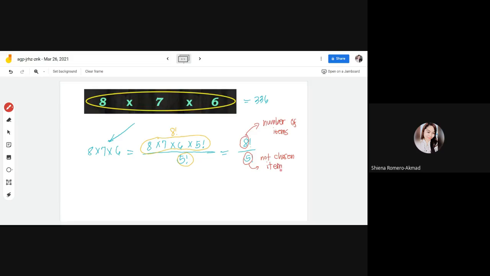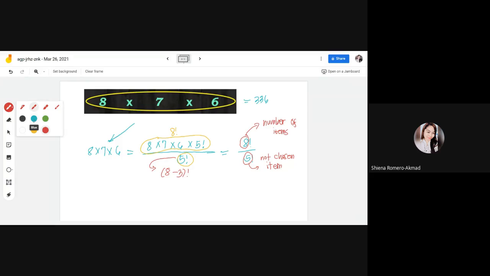Kung 5 yung not chosen, how many were chosen? Ilan? Saan natin nakuha? Tatlo. So, ibig sabihin, si 5 nanggaling siya dun sa 8, pinili natin yung tatlo. Okay? So, that's 8 minus 3 factorial.